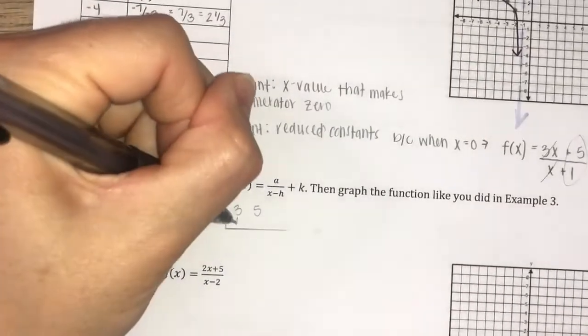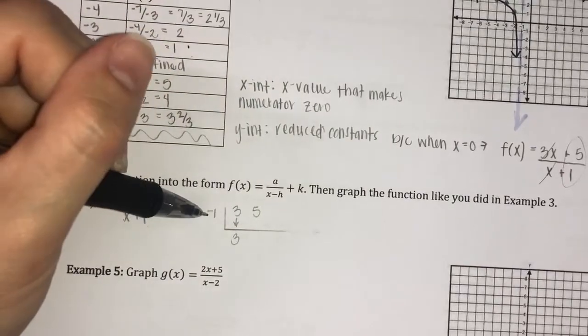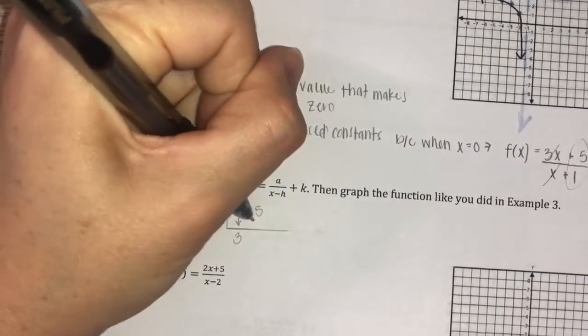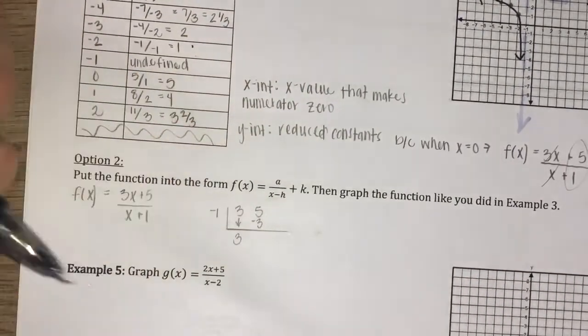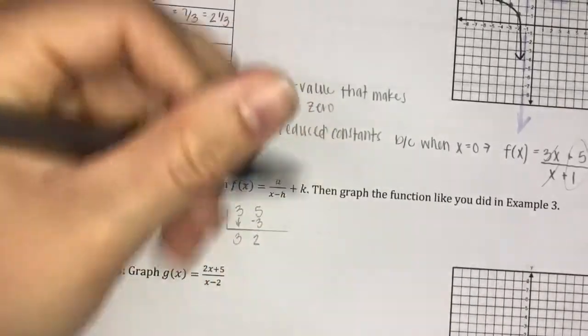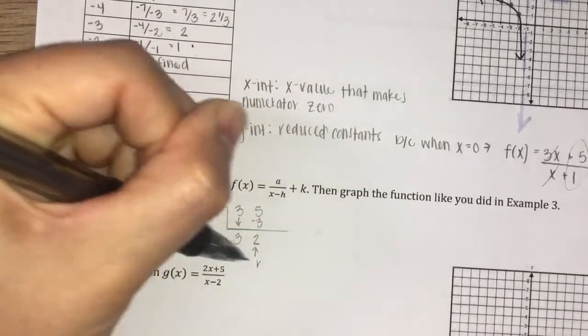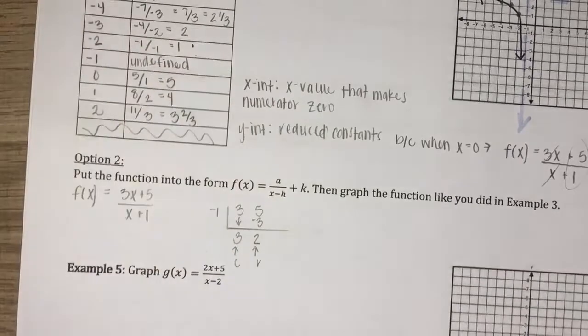So you bring down the first number, 3, and then -1 times 3 is -3, and then add these two, 5 plus -3 is +2, and so 2 is our remainder, and 3 is our constant.